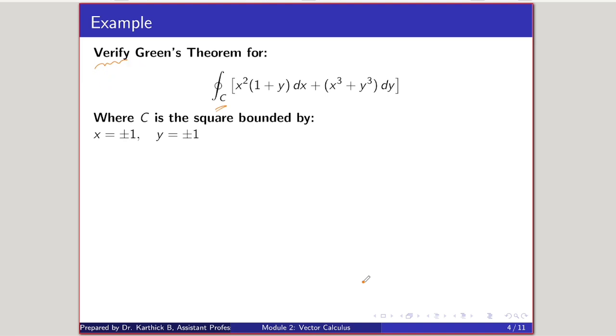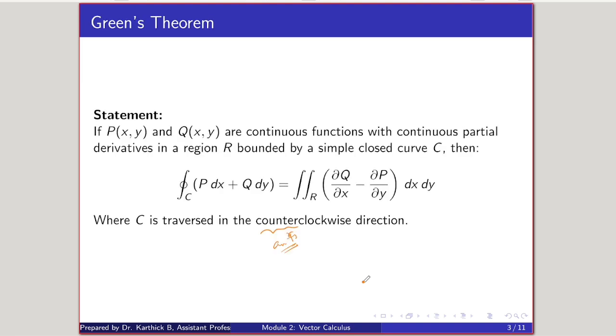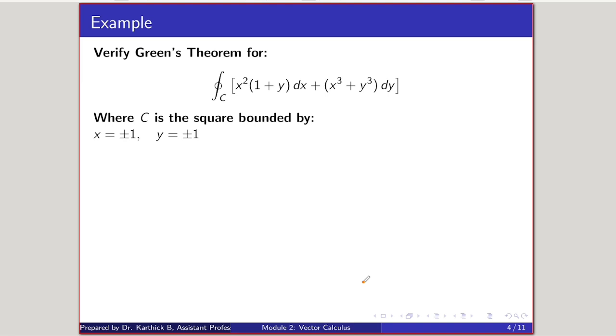So what we have to do is find both the LHS and RHS parts. For that, what is our statement? It is the line integral of p dx plus q dy. So here this will be the p and this will be the q. Here p will be x square into 1 plus y and q will be x cube plus y cube.